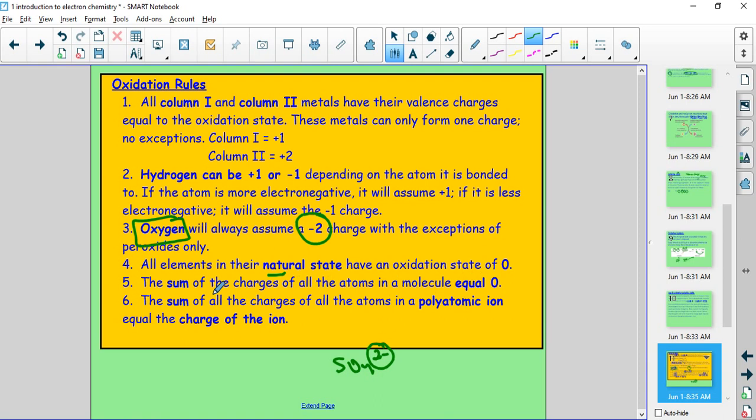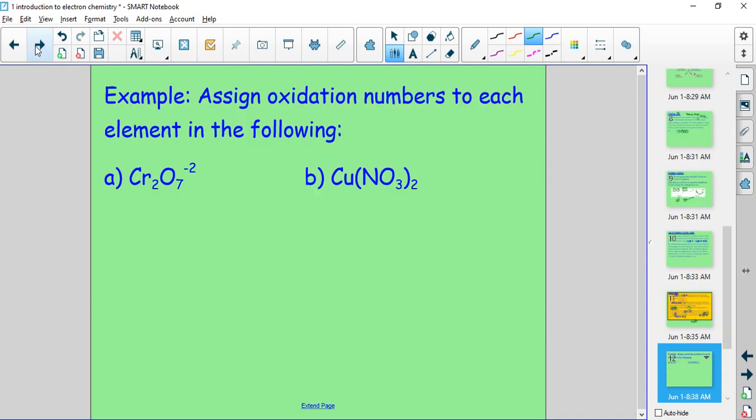So in the case where the sum should be 0, then the sum of all of the oxidation numbers should be 0. But if it's a polyatomic, or if it's an ion, then it should add to equal that indicated charge. It helps to look at examples to put into context, so here's a couple of them.